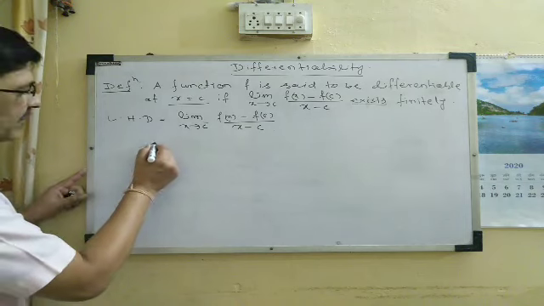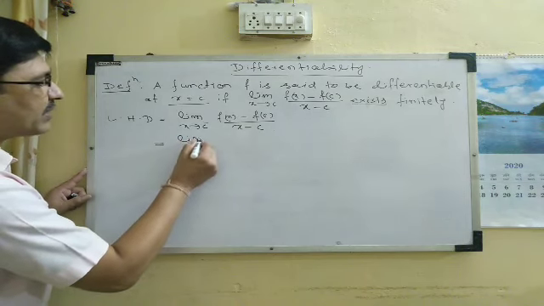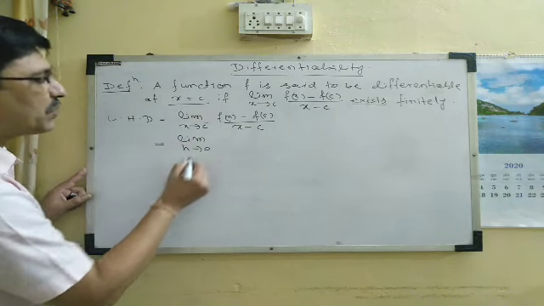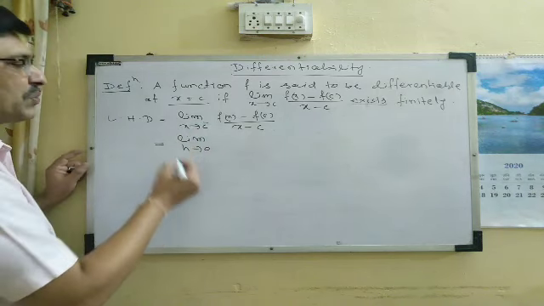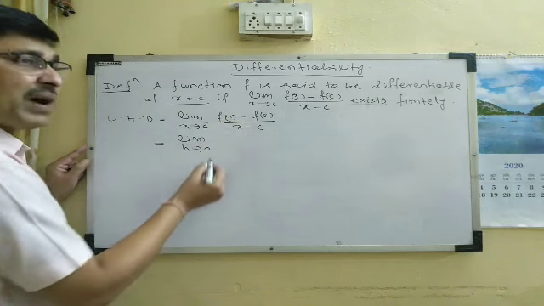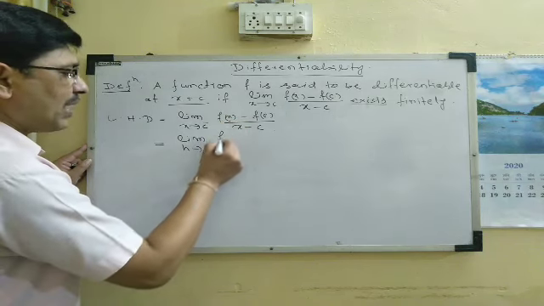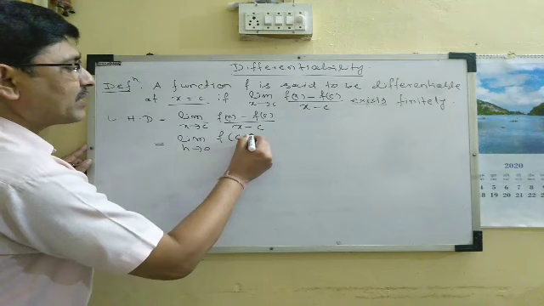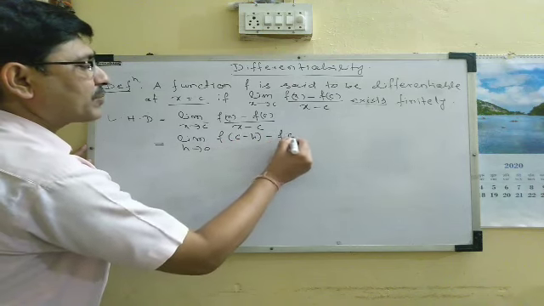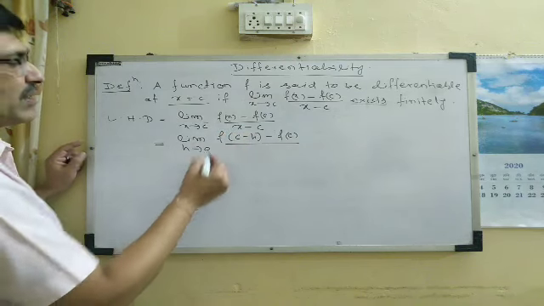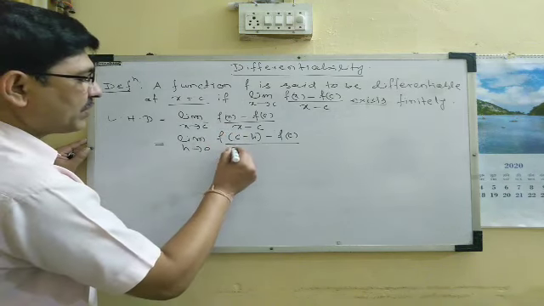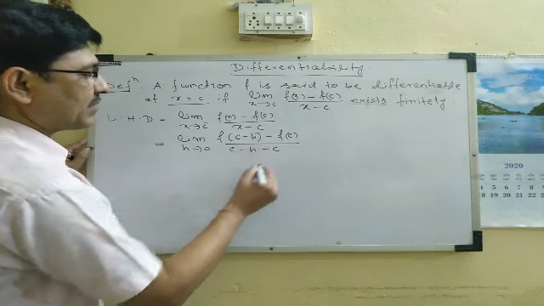So let us replace it, which can be written as limit h tends to 0, and when we replace x tends to c minus by h tends to 0, this x will be replaced by c minus h. So f of c minus h minus f of c divided by, again we replace this x by c minus h, it becomes c minus h minus c.